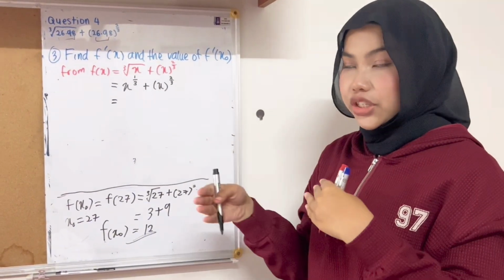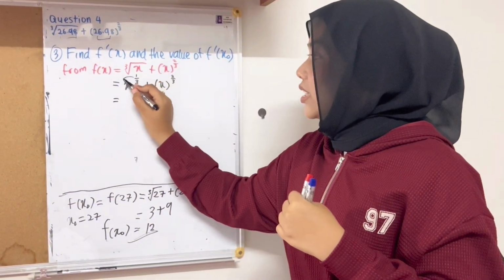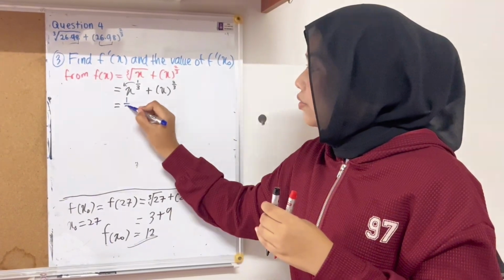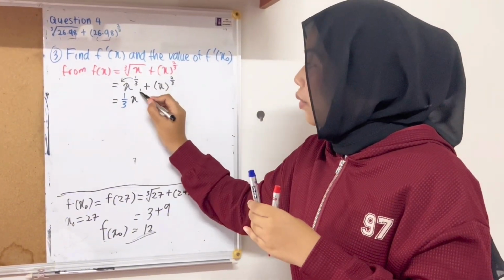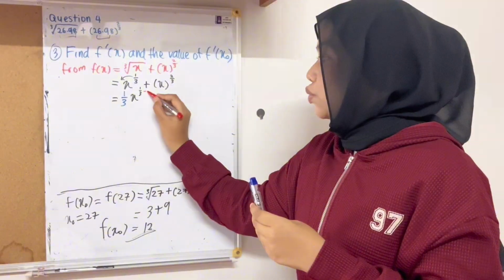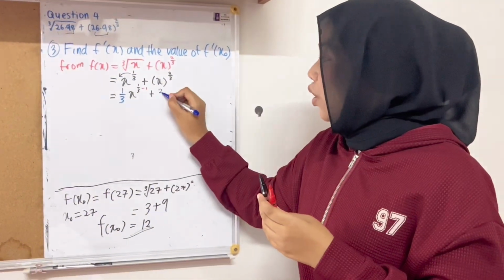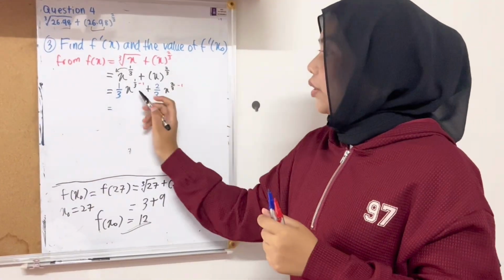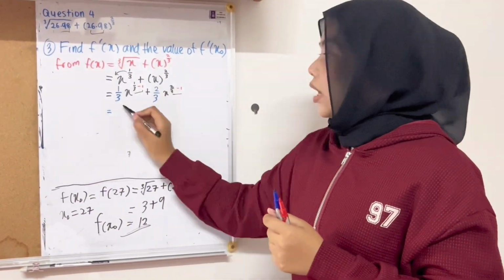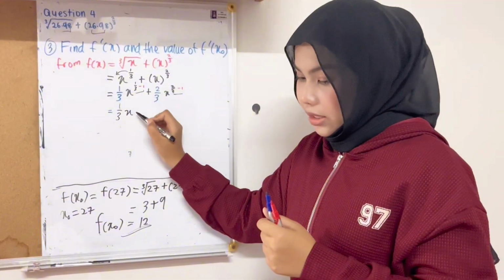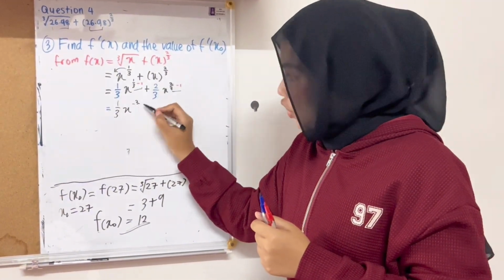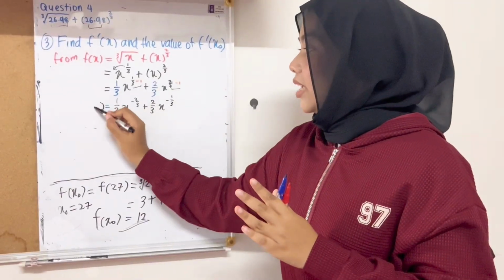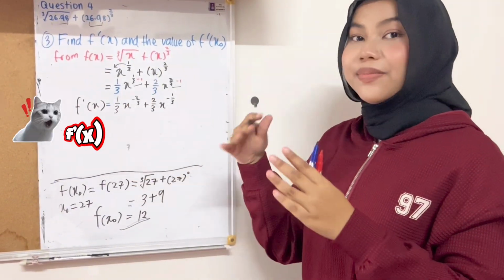Differentiation is bringing the power to the front and subtracting 1: 1 over 3 x to the power of 1 over 3 minus 1, plus 2 over 3 x to the power of 2 over 3 minus 1. After you calculate it, you will get 2 over 3 x to the power of 1 over 3. This is your f prime x.